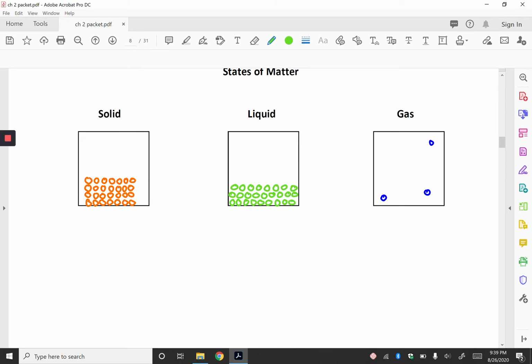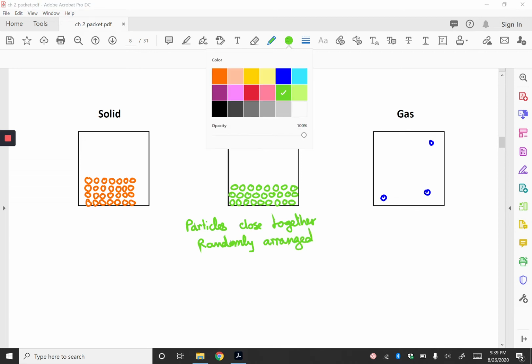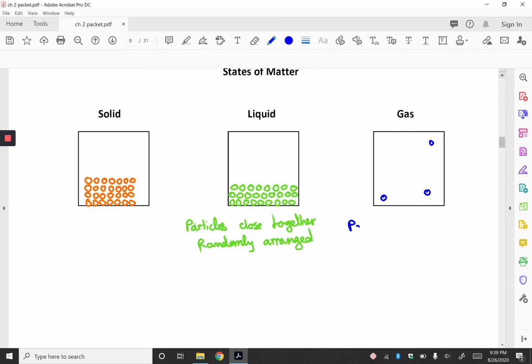Okay, let's talk about some properties. So let's talk about the placement first. So here the particles are close together, but they are randomly arranged. Here particles are far apart, also randomly arranged.